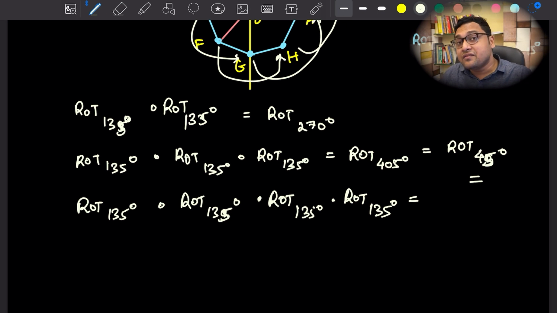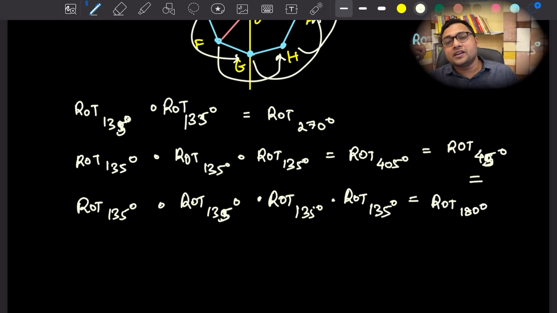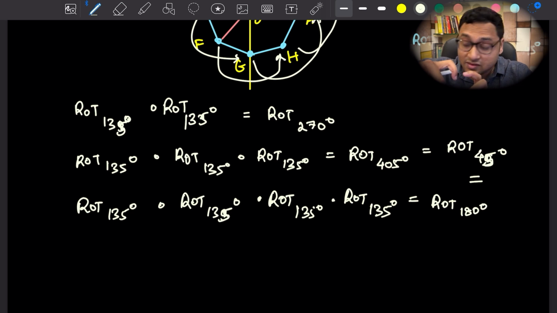But what is 540 degrees if you just discount the 360 degree rotation? Well, that's simply rotation by 180 degrees. 540 degrees is 360, so you rotate completely once, and then you add another 180.